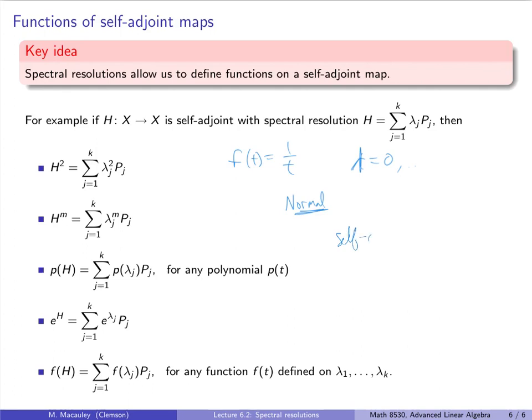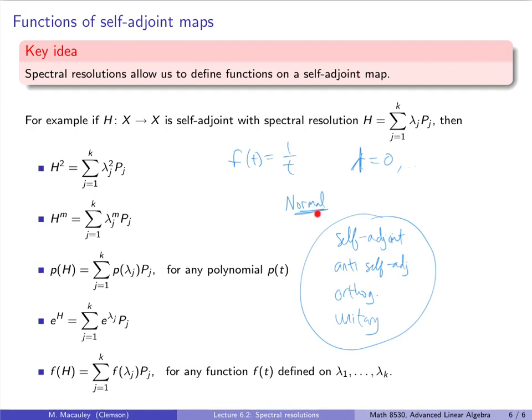So besides self-adjoint maps, we've seen anti-self-adjoint, we've seen orthogonal maps, and we've seen unitary maps. I guess unitary is a generalization of this in a complex space. But all of these linear maps have a basis of orthonormal eigenvectors.